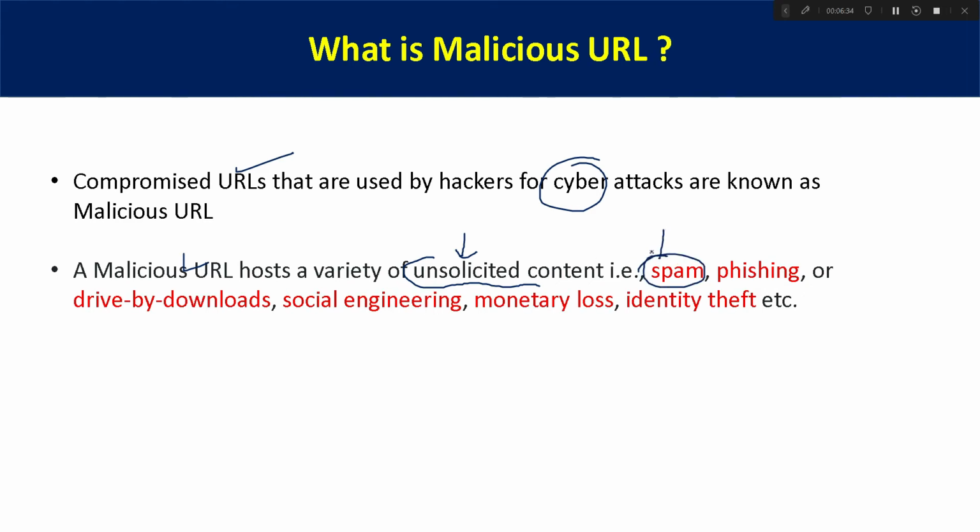Spam is somewhat less harmful, but still irritating, because someone continuously emails you, wants to present a particular idea, and just wants to overload your website or email account. Those types of things are mostly spam.